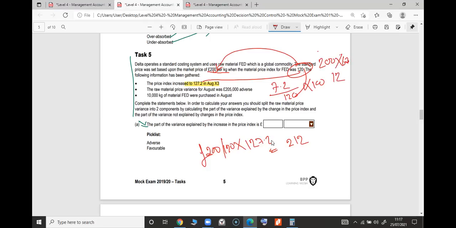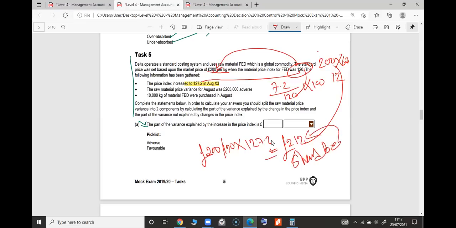That gives you 12, so ultimately 212 is the current price. According to the index, the price should be 212. Did you get my words? The wording I'm using: according to the indexation, the cost per kg should be, that is the wording, should be.